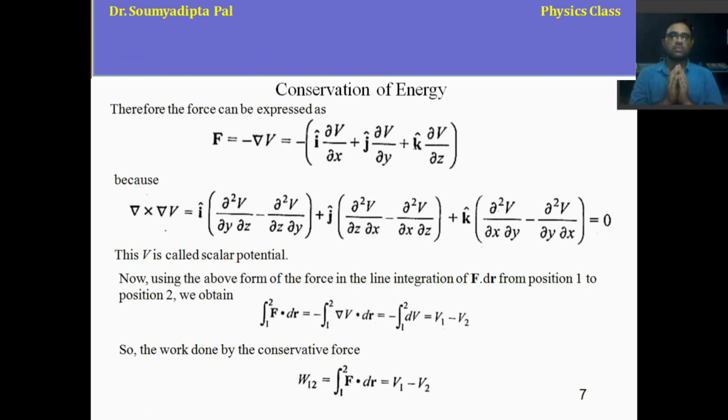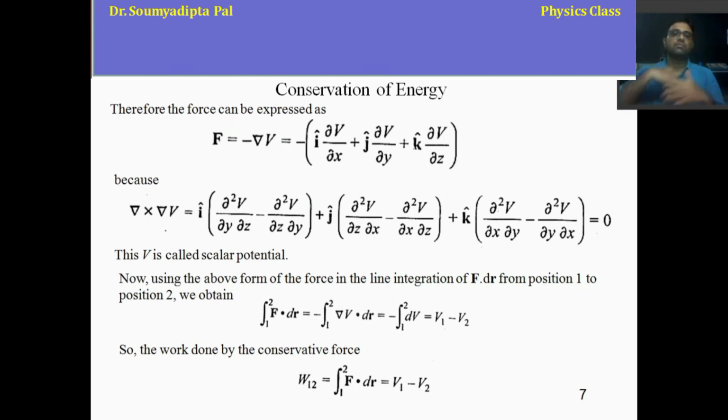Space rate of change means per unit length what will be the change of the potential. If you multiply with that length dr, it will give you the total change of the potential due to the movement within this dr length. So that is dV, the change of potential when we are moving along dr.